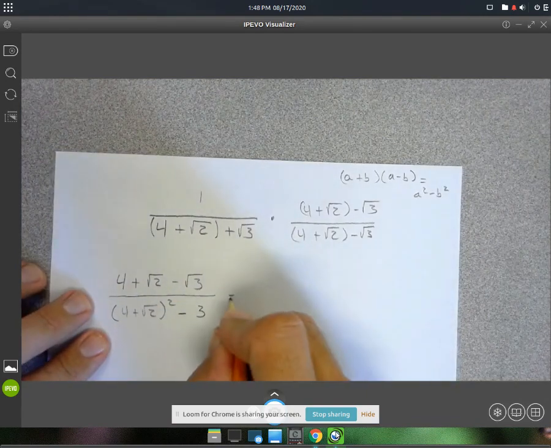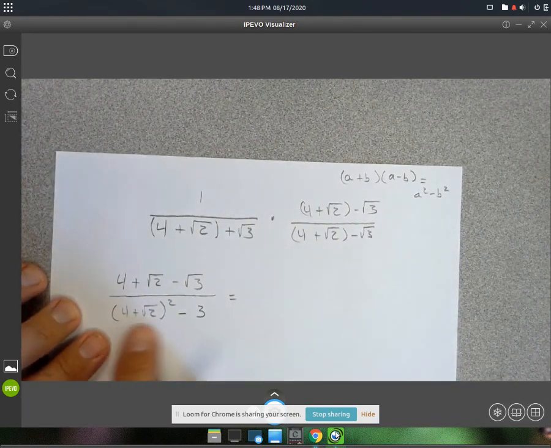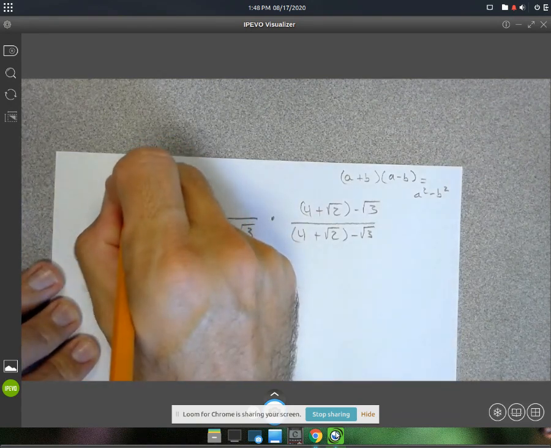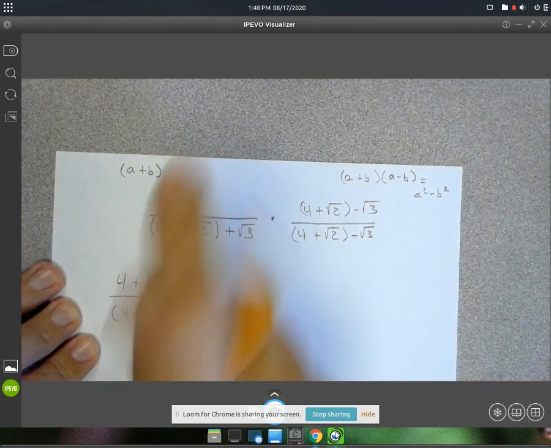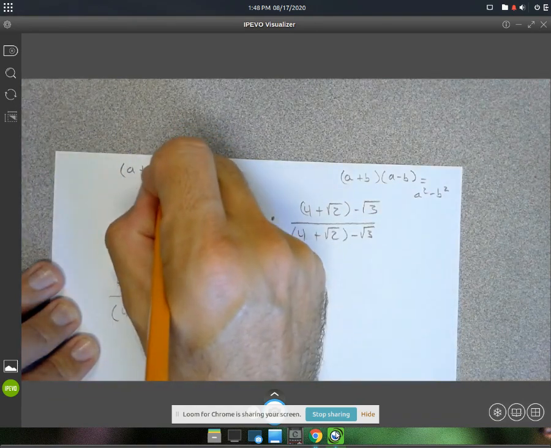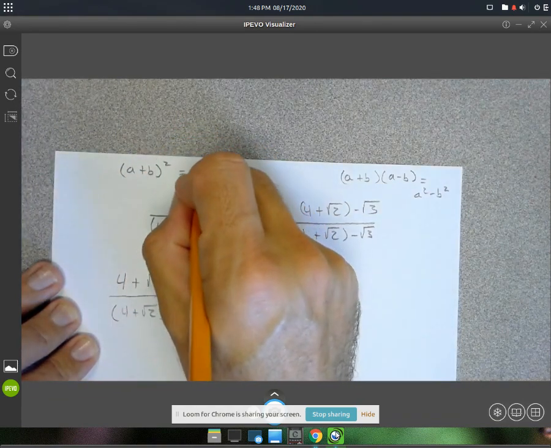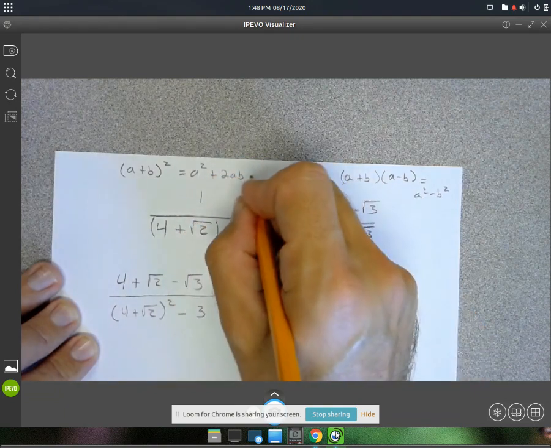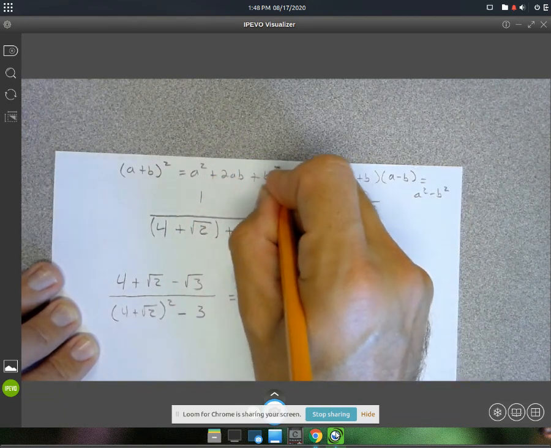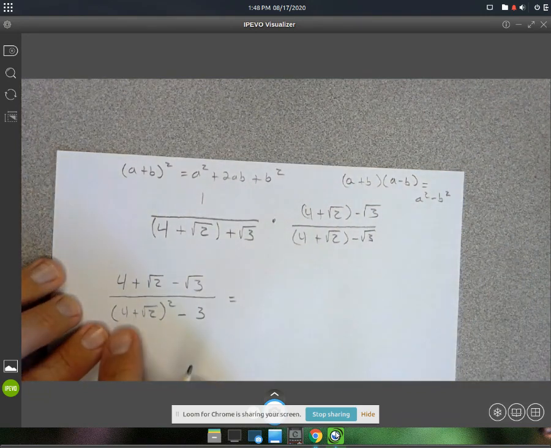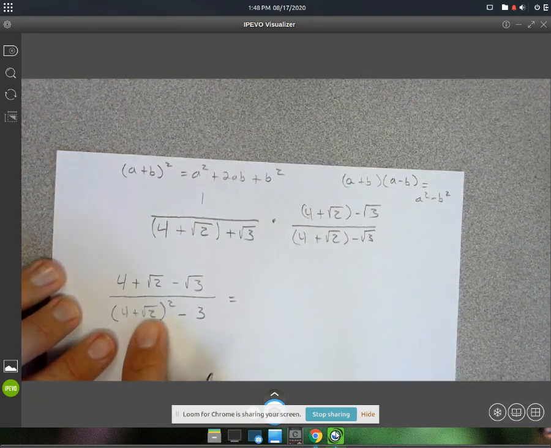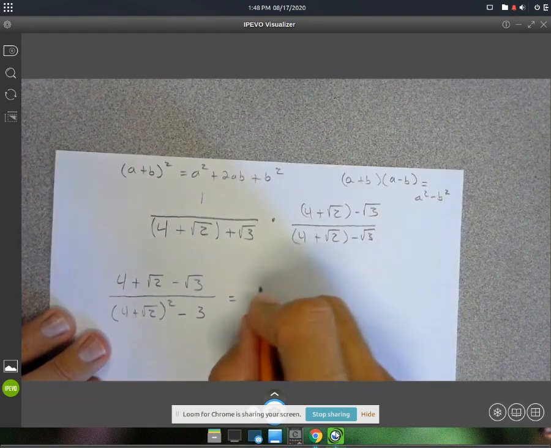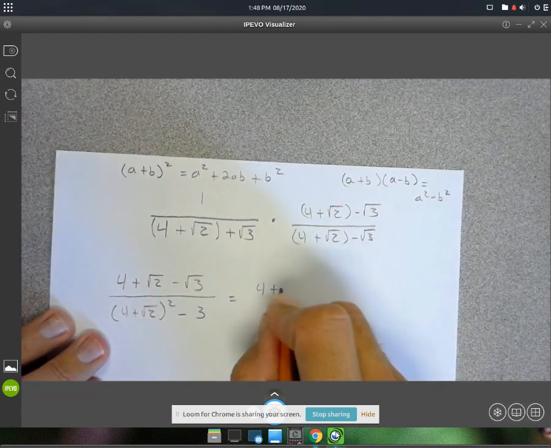Next thing I'm going to do is multiply this out. So I'm going to use this little formula here. If you have some binomial squared, that's going to be a squared plus 2ab plus b squared. My a is the 4 and the b is the root 2. So we'll have the same numerator.